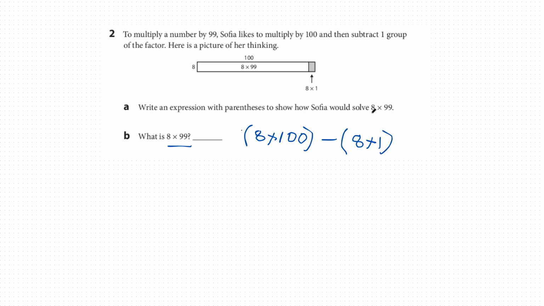Instead of thinking of this as 8 99 times, I'm thinking of it as 8 100 times, and then minus 8. Anyway, 8 times 100 is 800, and I can think minus 8, 792. And that's how I solve for that one.